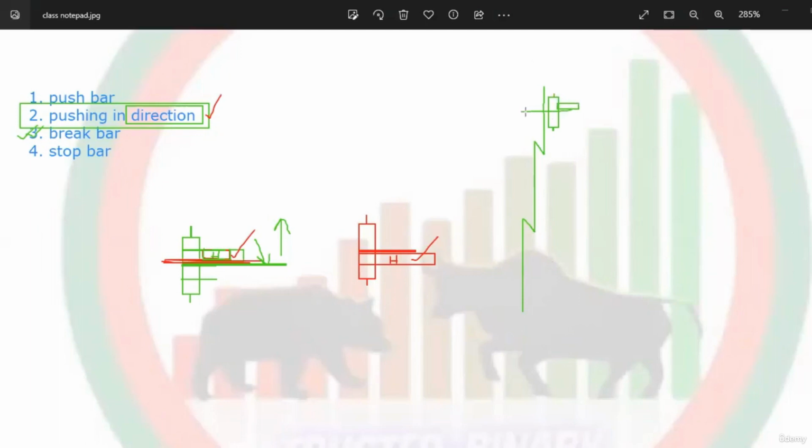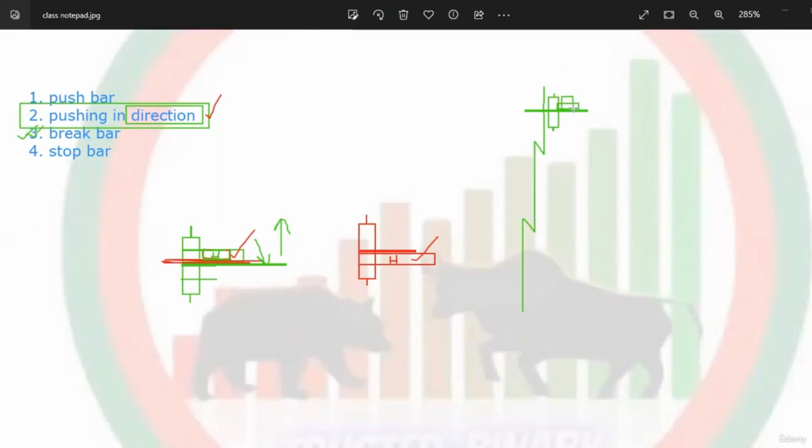After any breakout, we already know that two situations may happen. One is that the market may retest. When the market comes here, it may retest, get rejected and go up. Most of the time it gets rejected and goes up, but sometimes it will create a small body bearish candlestick also.